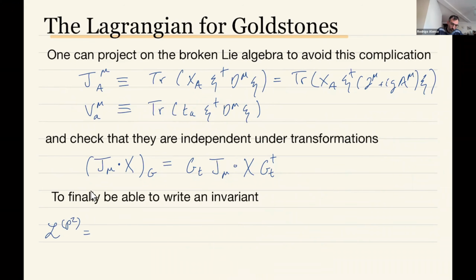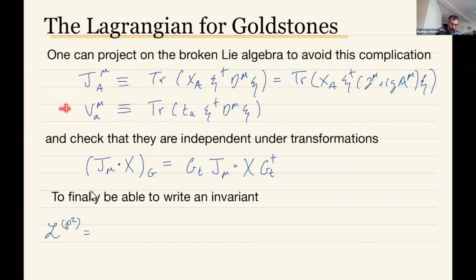For that, we define the current J, which is simply the trace of that construction with the covariant derivative times the broken generators XA, and for all we care, we're only going to pick up that piece that was just like an ordinary covariant derivative in our original theory.